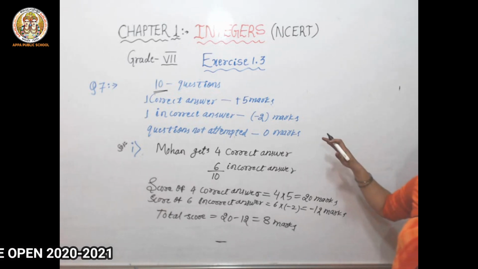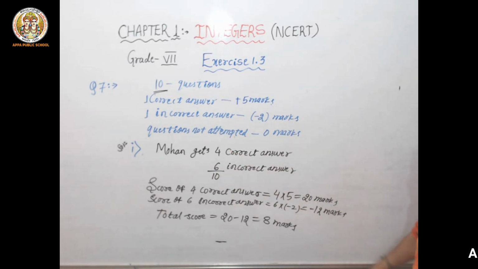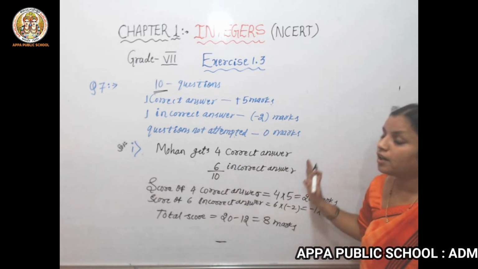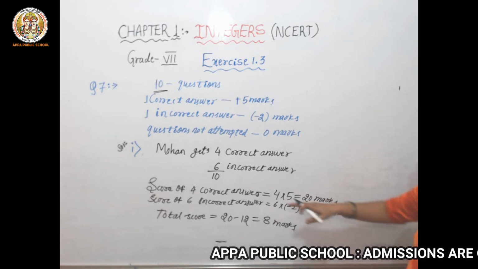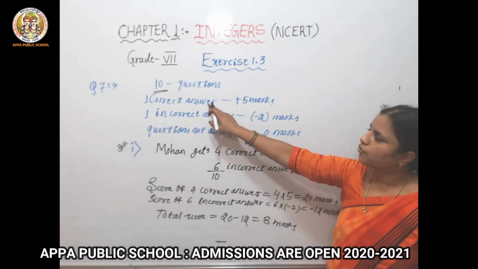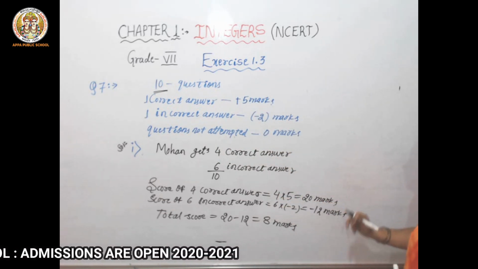Once again, Mohan gets 4 correct answers and 6 incorrect answers. Here we have 10 questions in total, so Mohan attempted all the questions. The score of 4 correct answers is 4 into 5, which is 20 marks.